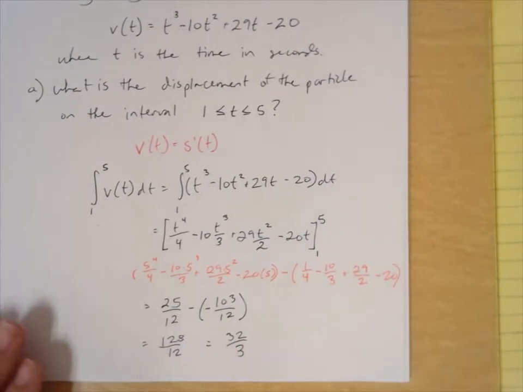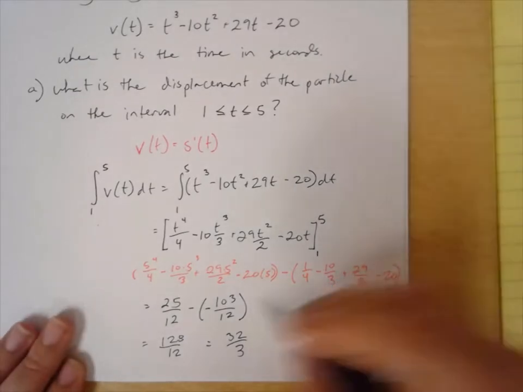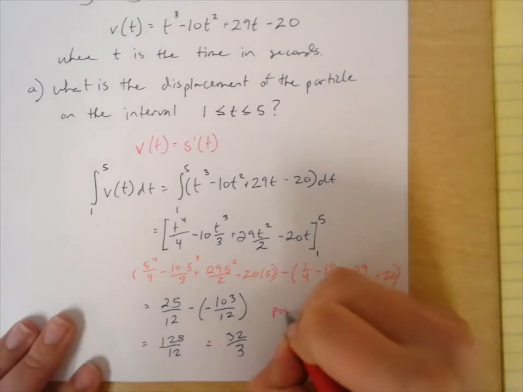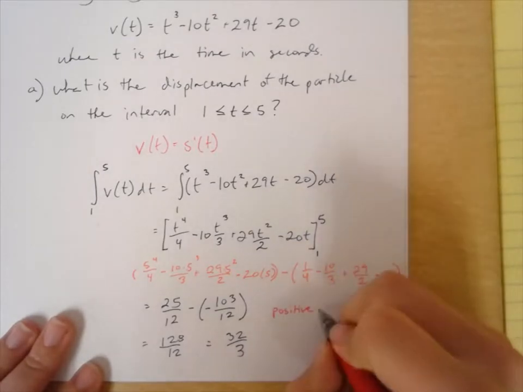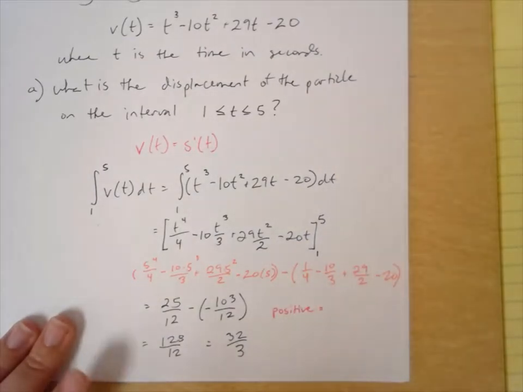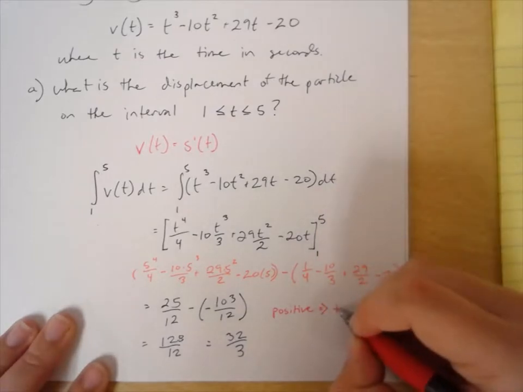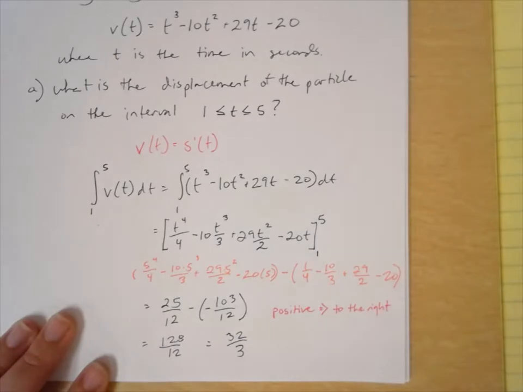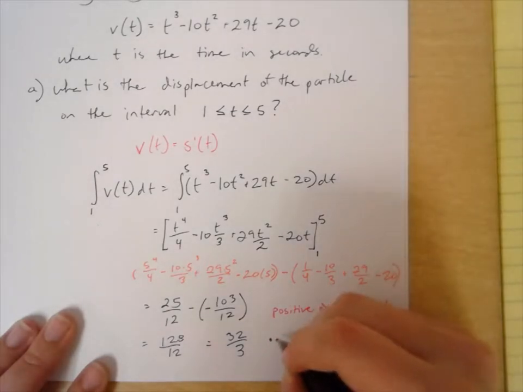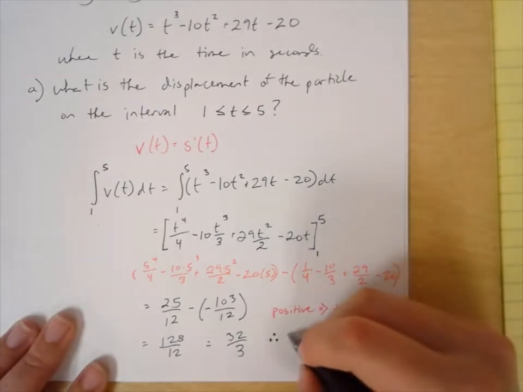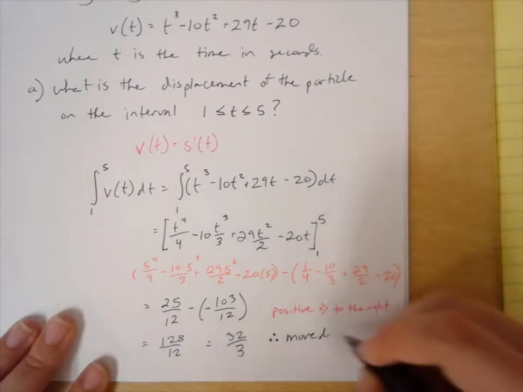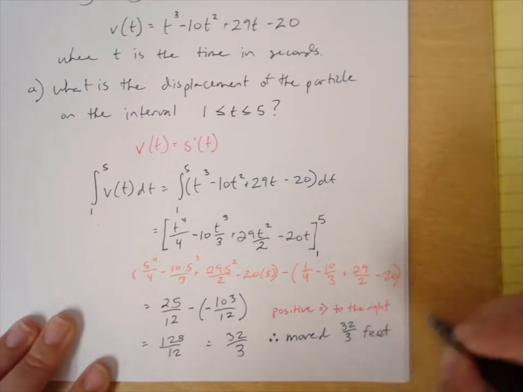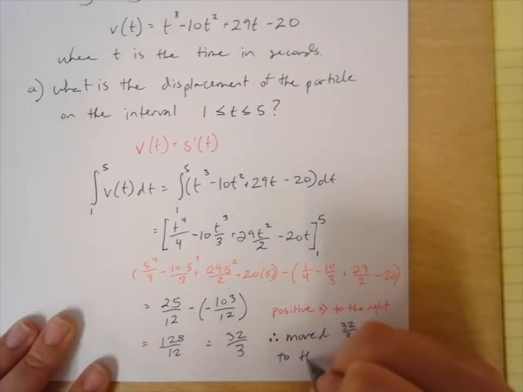And so, in short, one more thing, a positive answer in this case, a positive position, means that we moved to the right along that line. So when we report our answer, we say that it moved 32 over 3 in terms of feet to the right.